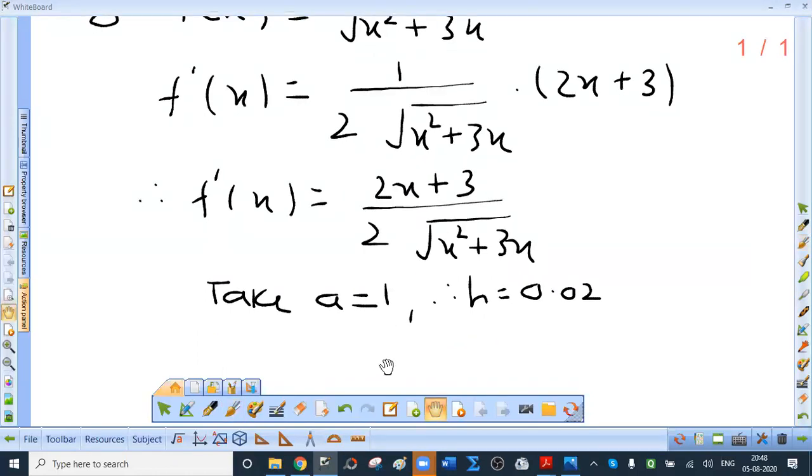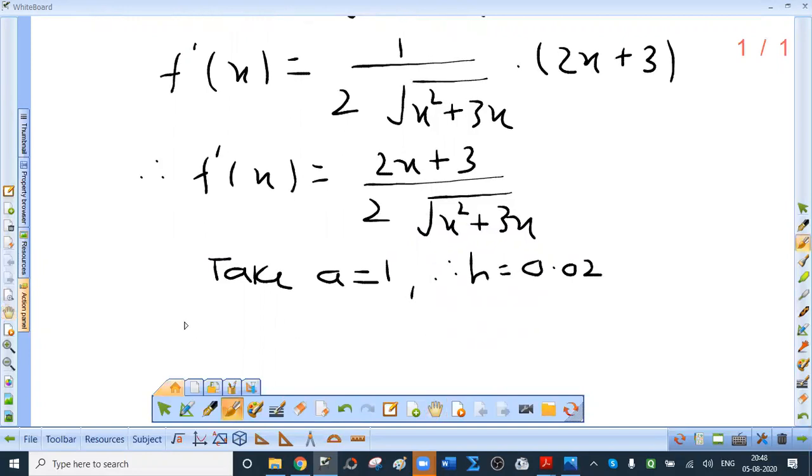So A is 1, H is 0.02. So what is f of A? Find out. F of A is nothing but f of 1. So replace every x by 1. See, by root we mean positive root. We already discussed this. So it is root of 1 plus 3, that is root 4, which is nothing but 2.